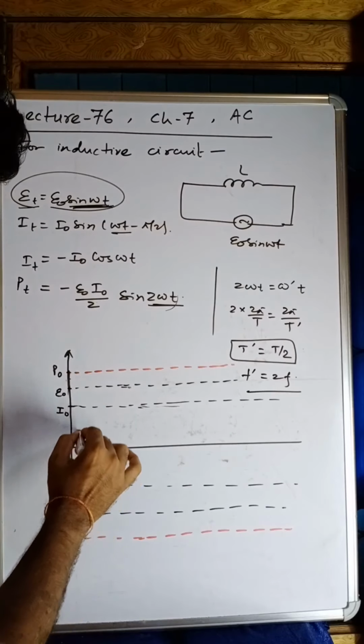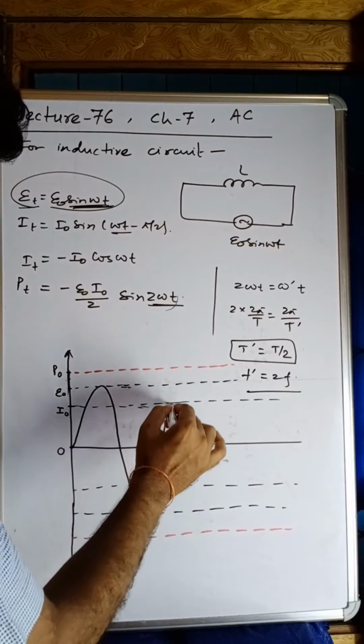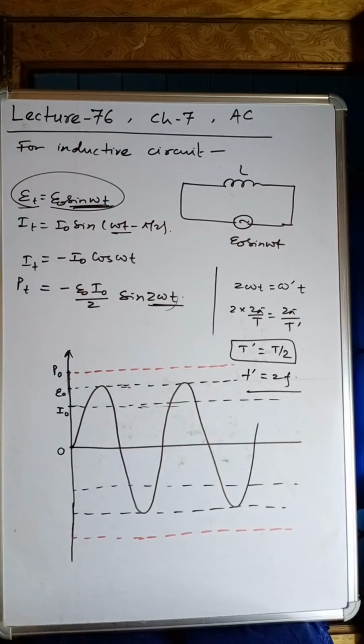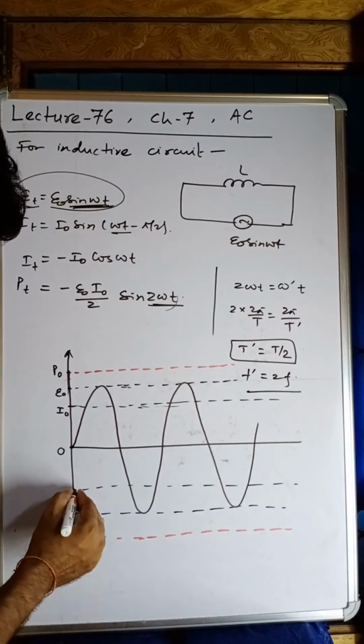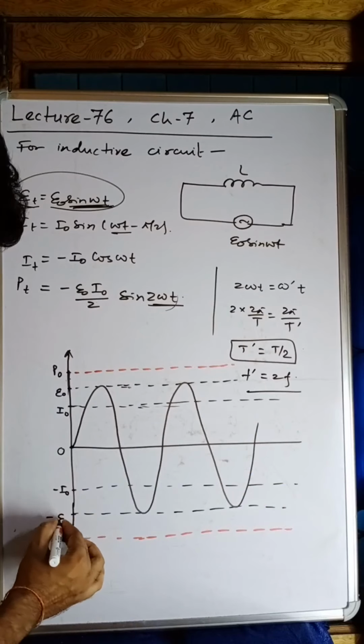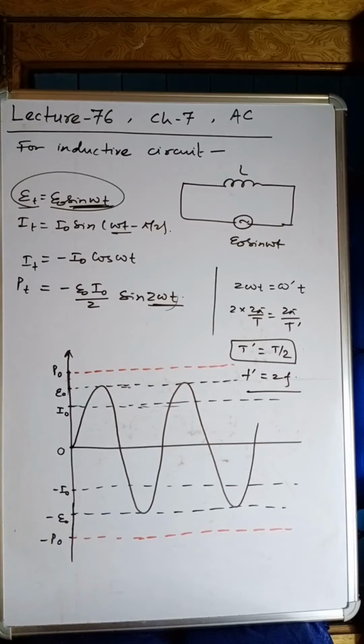So the voltage graph looks like this one. You can write here minus I naught, minus E naught, minus P naught.